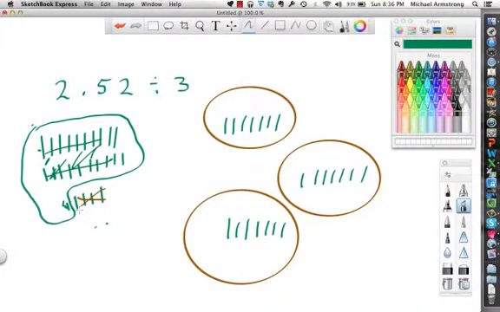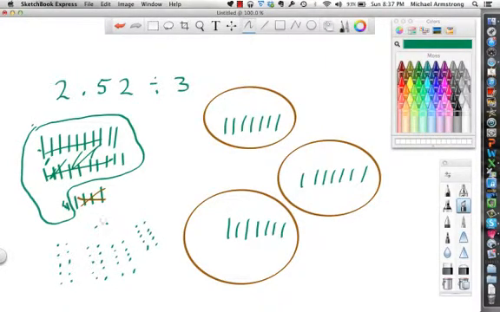So each tenth is 10 hundredths. That's 1, that's 2, that's 3, that's 4, plus these 2.